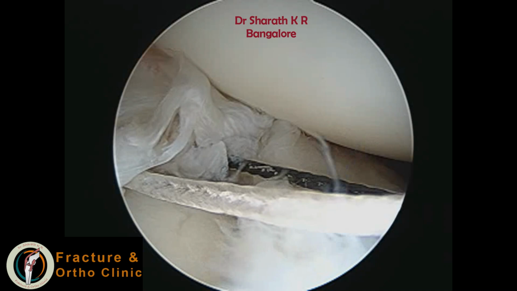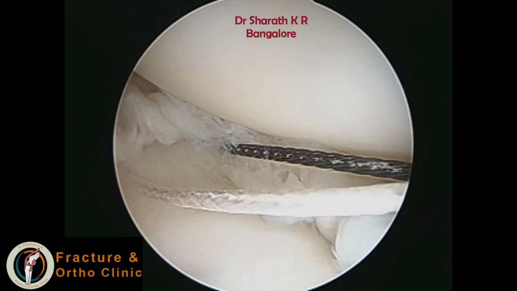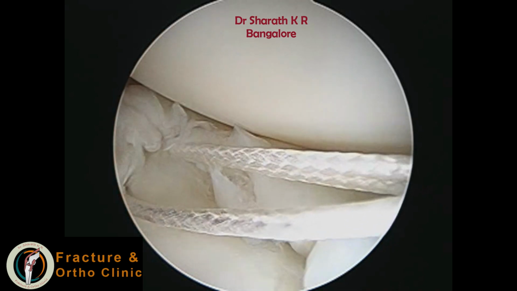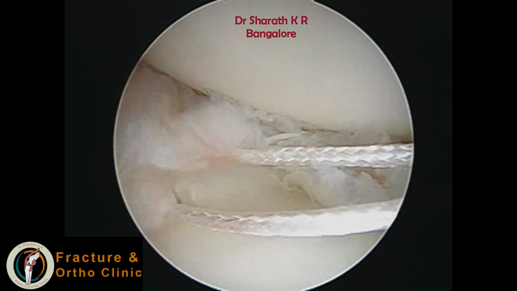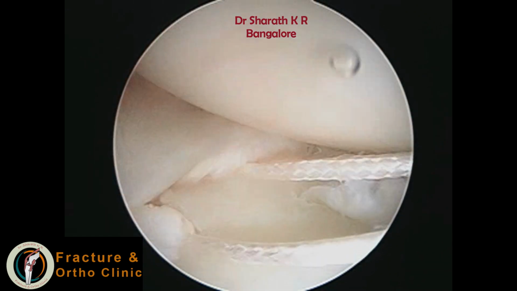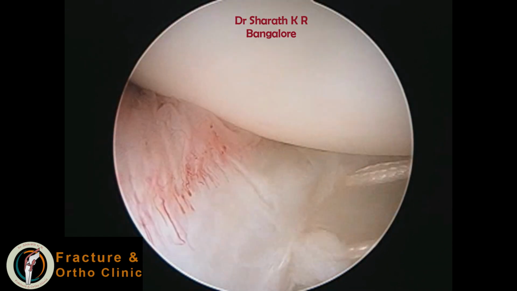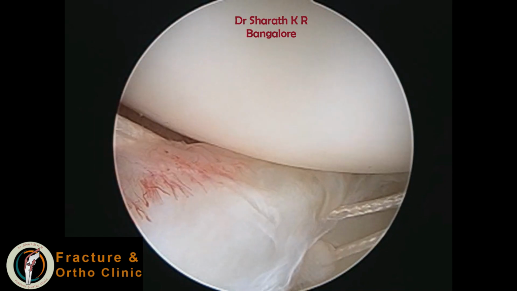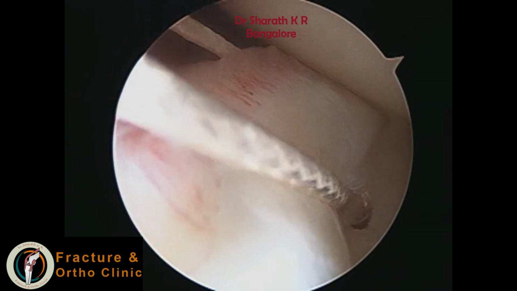Now one of the limbs of the thread is anterior and one posterior of the labrum, through the substance of the labrum. That will help, once we make the knot, to shift the labrum superiorly, as we have taken a bite just below the level of the anchor, not at the level of the anchor.